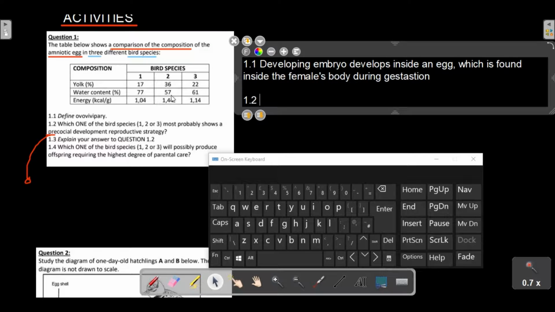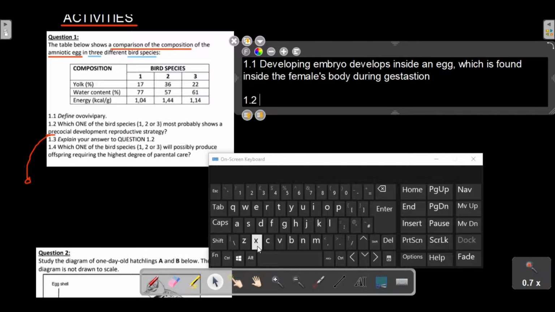Okay, so as you can see, guys, bird species 2 has a very high composition of yolk, water content, and energy. So bird species 2 has to have been born fully developed. Okay, and so that's what we are going with.